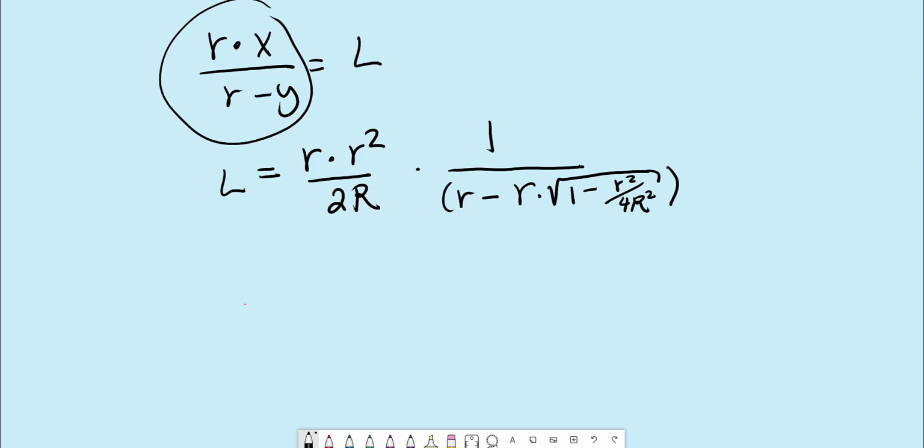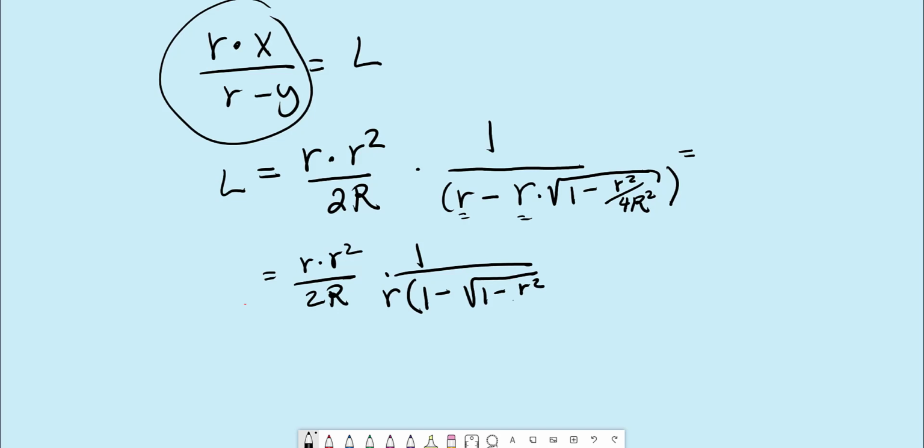Let's see what we can do with this. Okay, so let's first take this r out of the parentheses. Simplify this as r times r squared divided by 2 capital R, 1 over r times 1 minus square root of 1 minus lowercase r squared divided by 4 uppercase r squared.